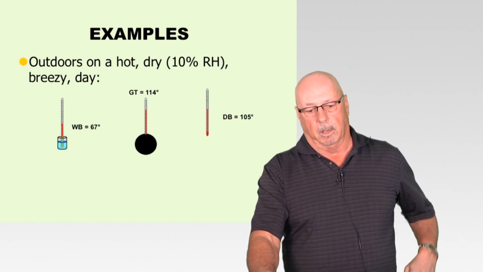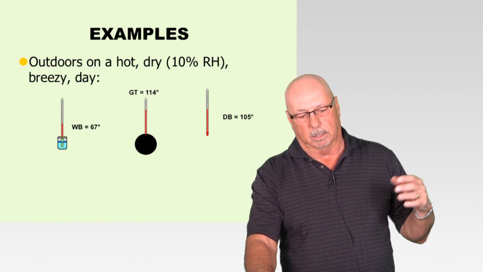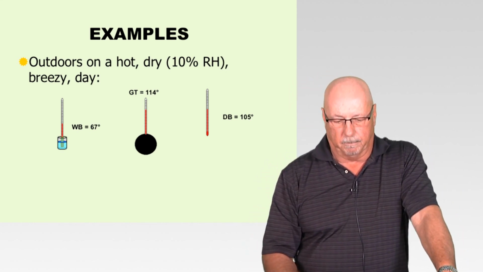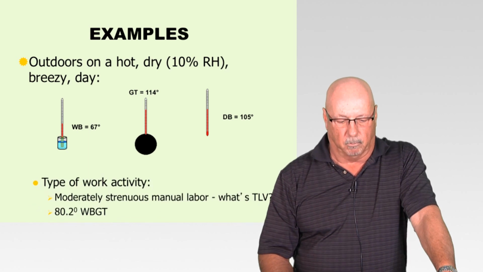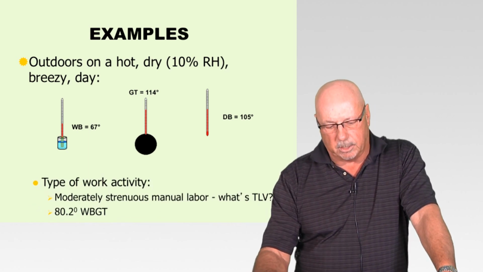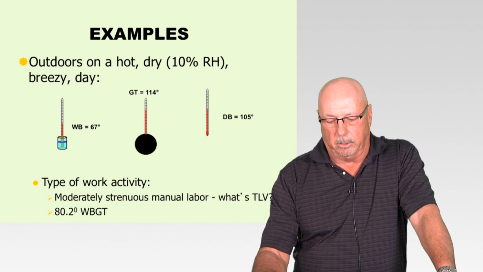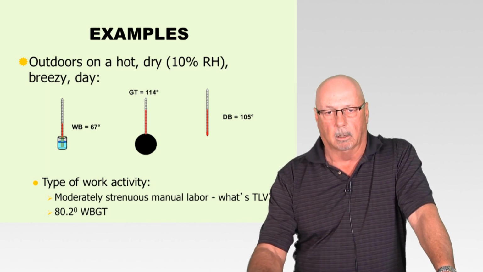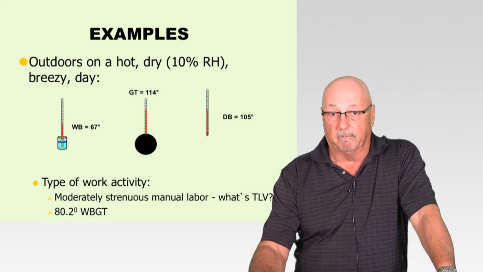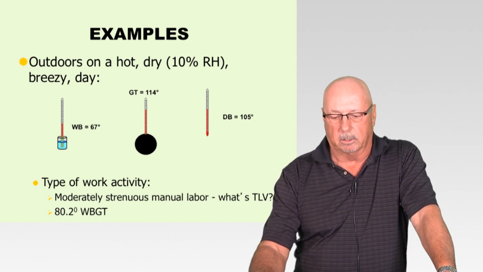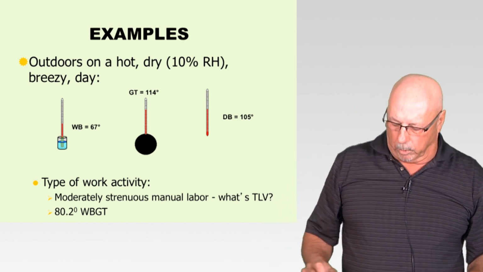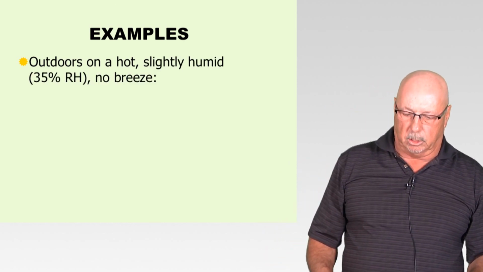And our wet bulb temperature, because we have low humidity and some light breeze going on, is very low, 67. So the type of work, let's just say, is moderately strenuous manual labor. We wanted to figure out what our WBGT value would be. In this case, if we plugged it into that formula and did the math, you would find out it'd be 80.2 WBGT.